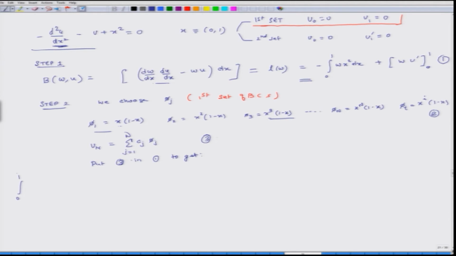0 to 1. So, why am I integrating from 0 to 1? Because the domain is 0 to 1. If it was 0 to L, then accordingly I have to integrate.